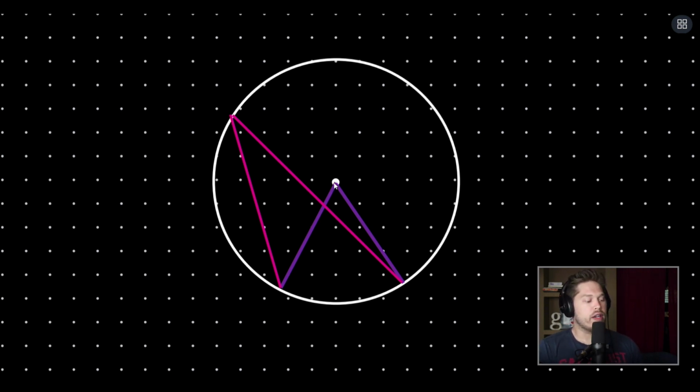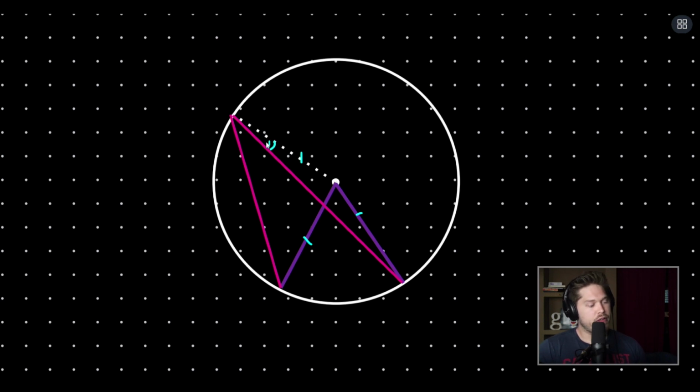So let me draw in a radius from our center. And notice that with this dotted line, with this radius, we've just created two isosceles triangles. That's because all radii, by the definition of a circle, are congruent. Therefore, this line is equivalent to this purple line, which is equivalent to this other purple line.